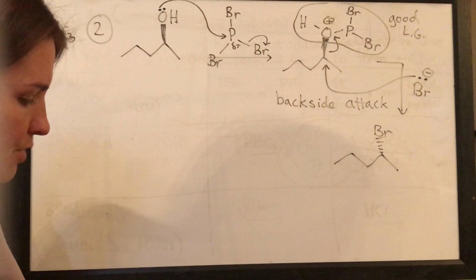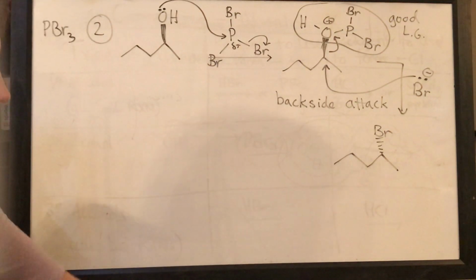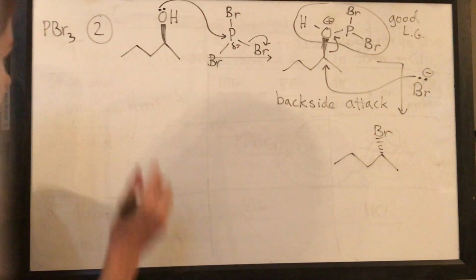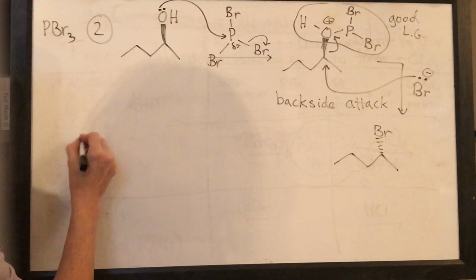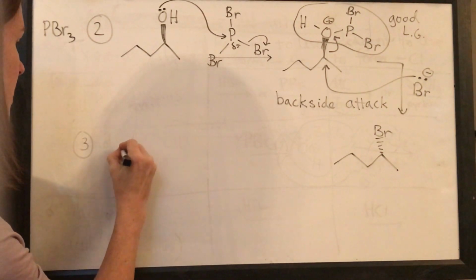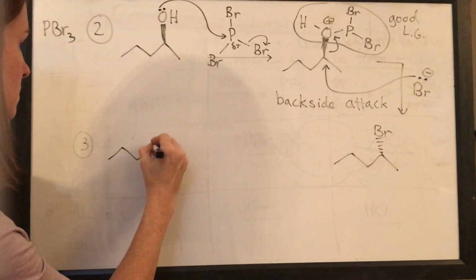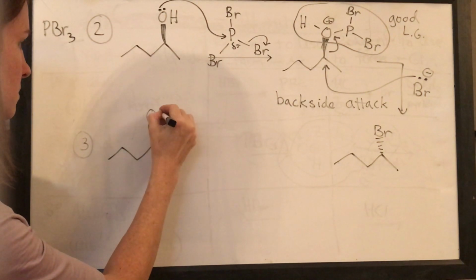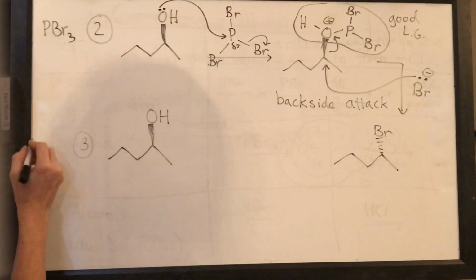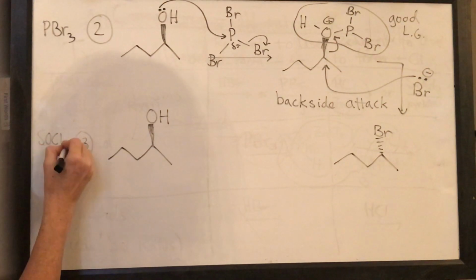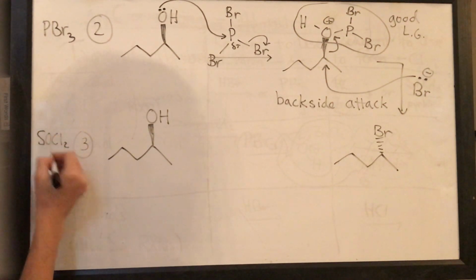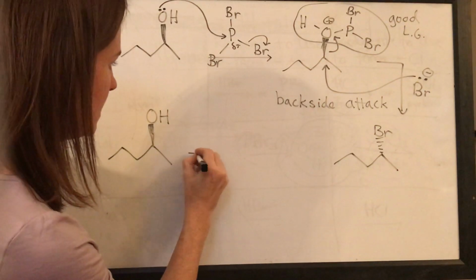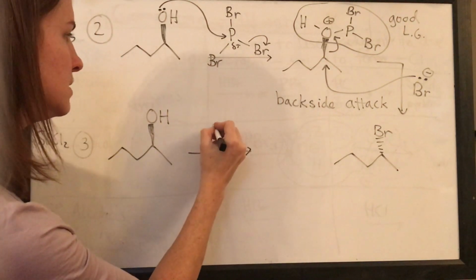And then finally, the other new reagent that we have here is SOCl2, if we want to turn this secondary alcohol into a chloride instead of a bromide. So this is the SOCl2 mechanism. Then again, it's just the beginning that starts out a little differently.